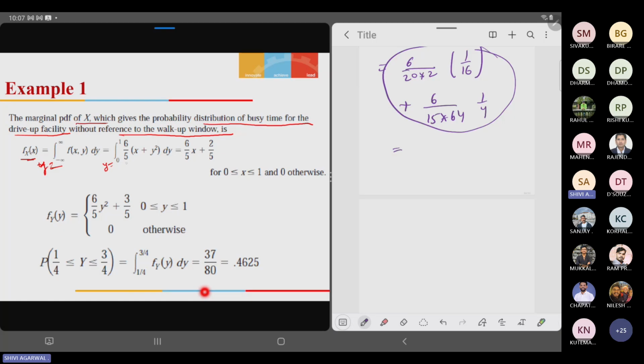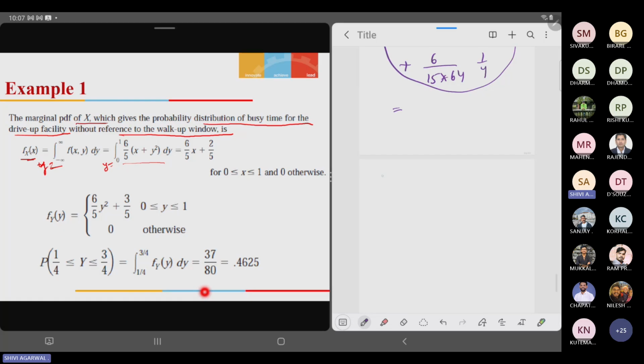That's why all other terms become 0. So fX of x is the integral of y from 0 to 1 of 6/5 (x plus y squared) dy. Now we can integrate it.